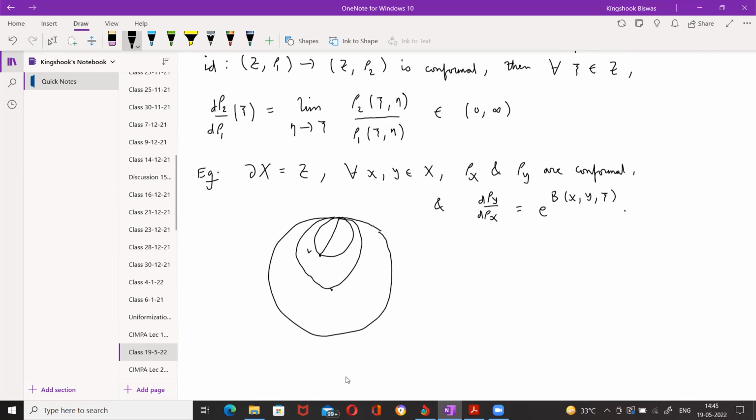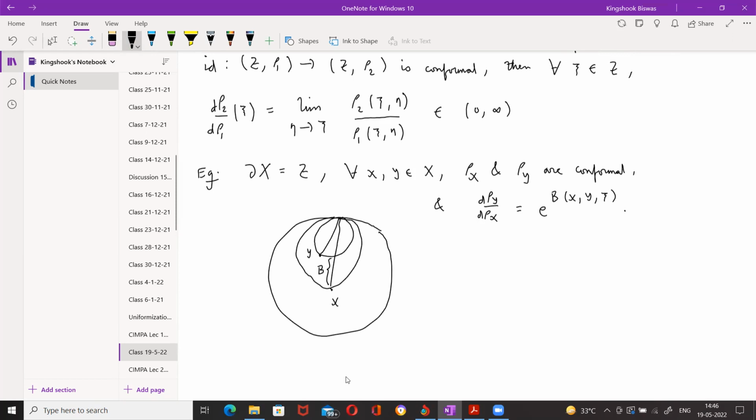So this is y and this is x, and this is xi. So the Busemann function is this distance here, right? Is this clear? Yes. Okay.